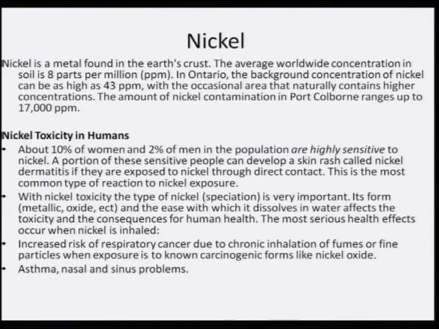In Ontario, Canada, the background concentration of nickel can be as high as 43 ppm, with an occasional area that naturally contains higher concentrations. The amount of nickel contamination in Port Colborne ranges up to 17,000 ppm. So, there it reaches the toxic limit.